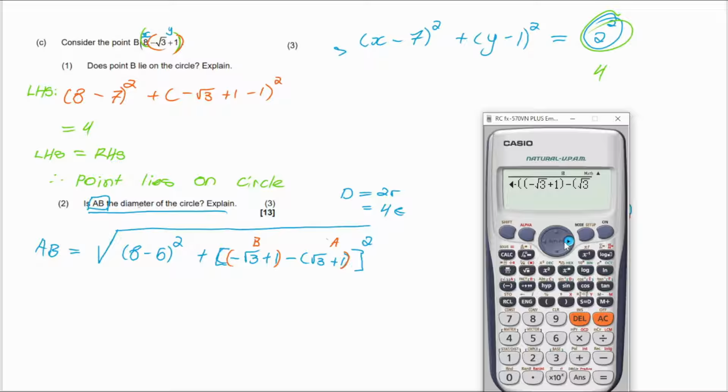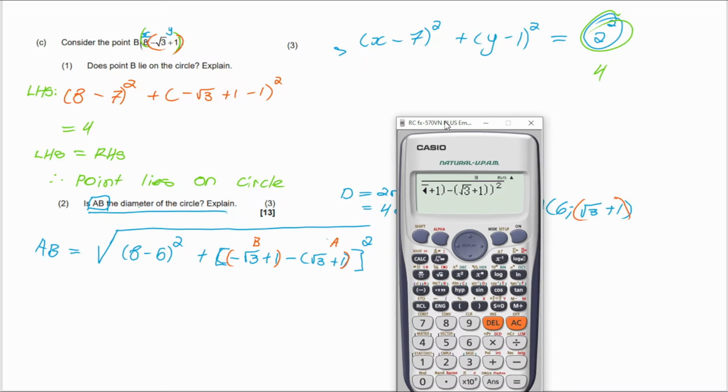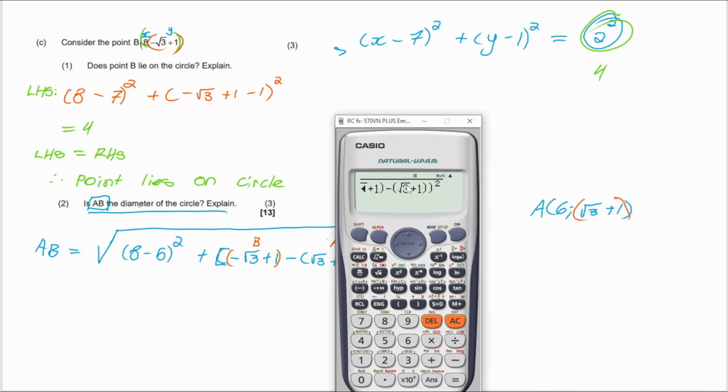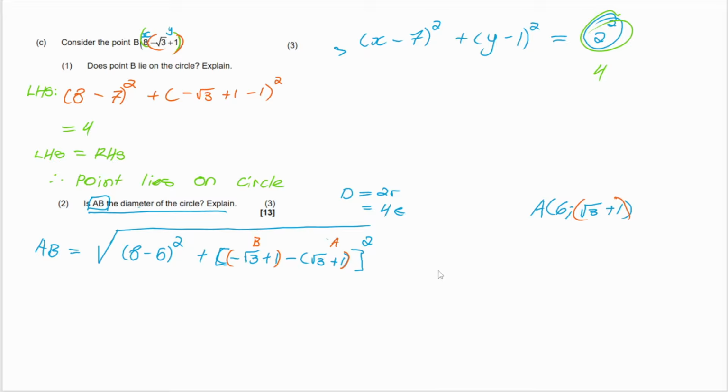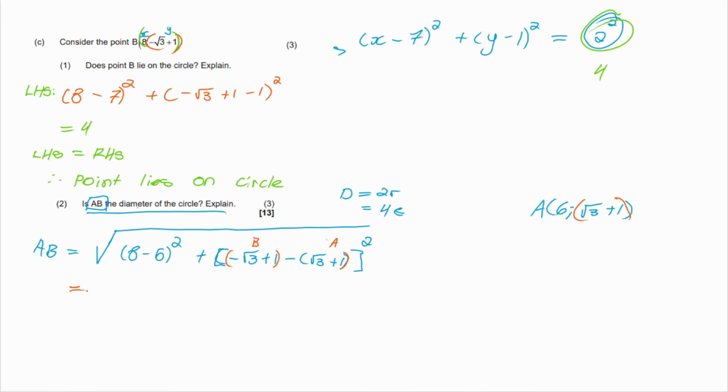It can't be in there, it needs to be like that. Remember, this is the y coordinate of A, that's why it's in a bracket like that. So when I evaluate this whole thing, I get that the distance AB is equal to 4 units. Therefore, AB is a diameter.